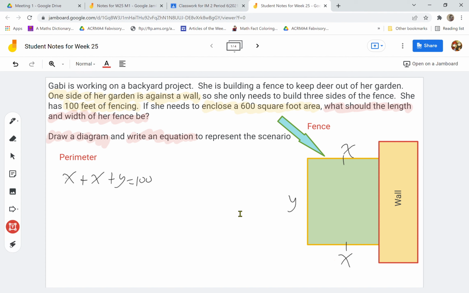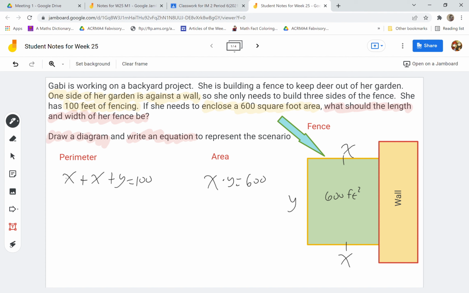So I'm going to label this the area equation. So I'll have area, and the area would be x times y equals 600 square feet. So that's the area that's being here. So right here, this is 600 square feet. That's your area, length times width.